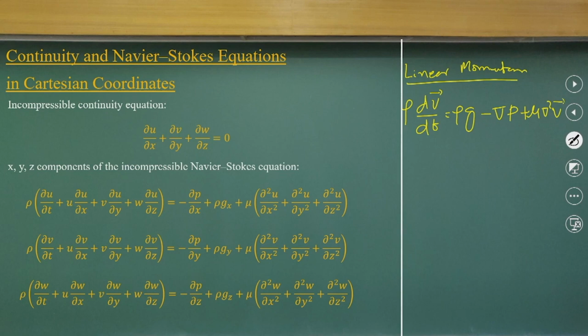As I was discussing, if it is a condition where these terms are 0 in a particular fluid flow, then the equations come in a very simplified form. That is what we call the Euler equations.